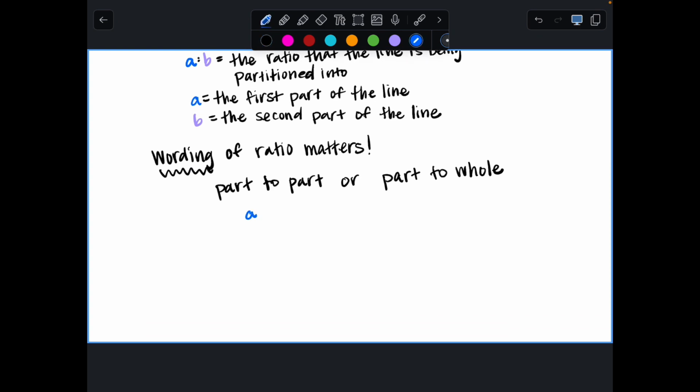If it's giving you a ratio of part to part, that's going to be A to B. If it's giving you part to whole, then you have to add A and B together to get the whole.